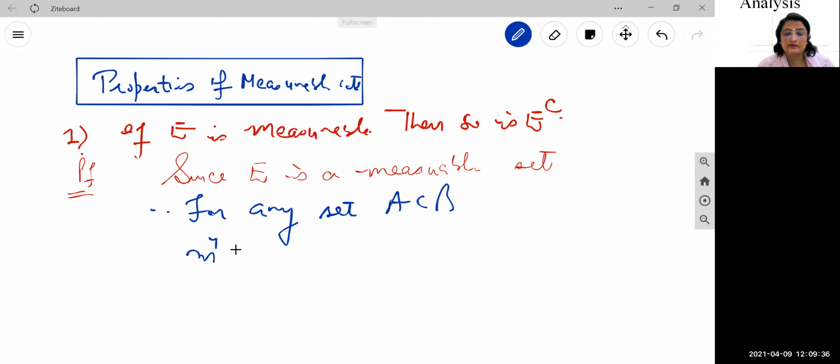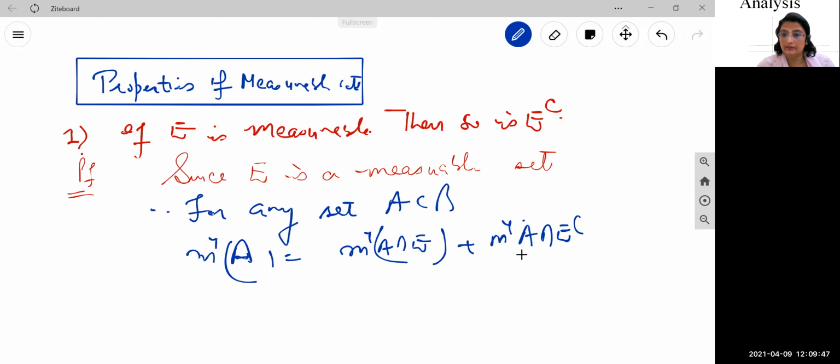M star A is equal to M star A intersection E plus M star A intersection E complement.